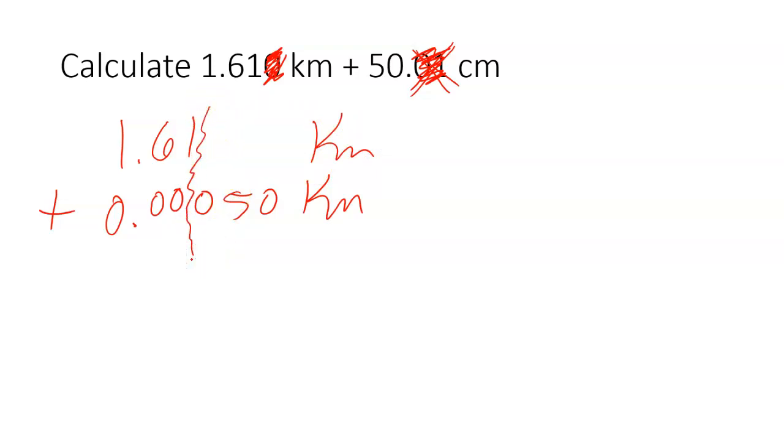Right here, I have to stay right there because I only have two decimal places in that case. If I round that up, it will be 1.61 kilometers. You follow? That's exactly the same answer we got before.